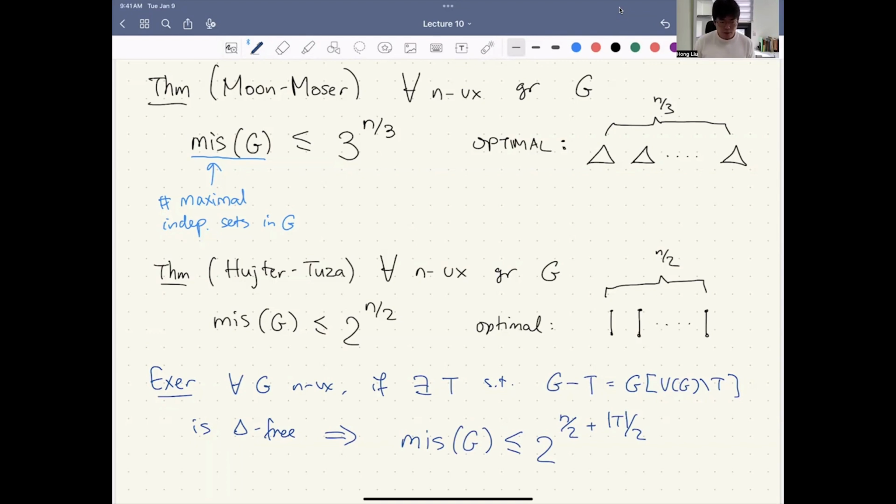Now we're going to talk about a strengthening of Moon and Moser's result. In Moon and Moser, we get stuck at 3 to the n over 3. Here we needed the graph to be triangle free, I forgot to write.